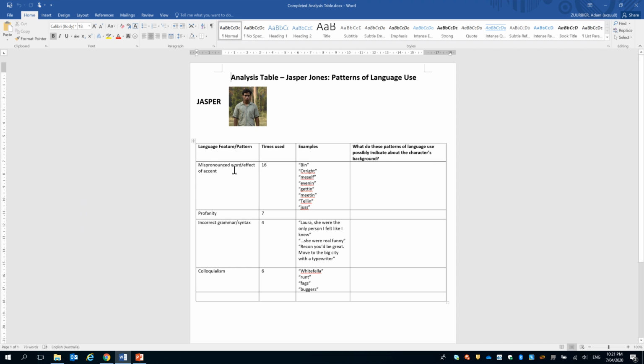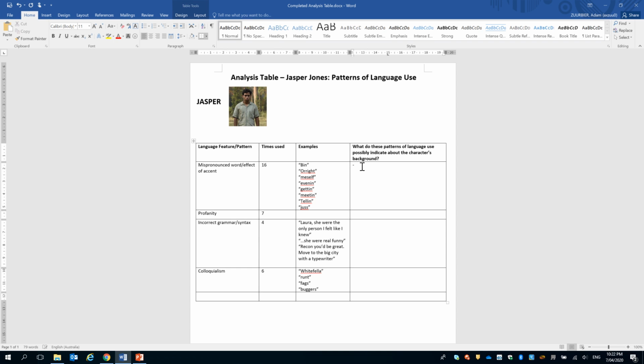Mispronounced words and the effect of accent. We've identified here that when he speaks, he abbreviates some of his words, particularly words that end with G, or verbs. That might be an effect of accent, but he also mispronounces a lot of words. So what do they indicate about his social and cultural background?